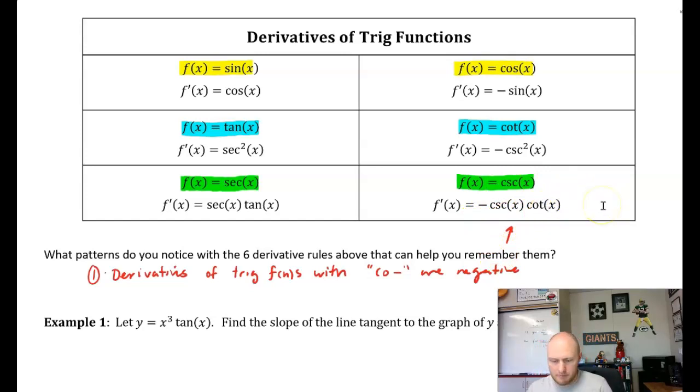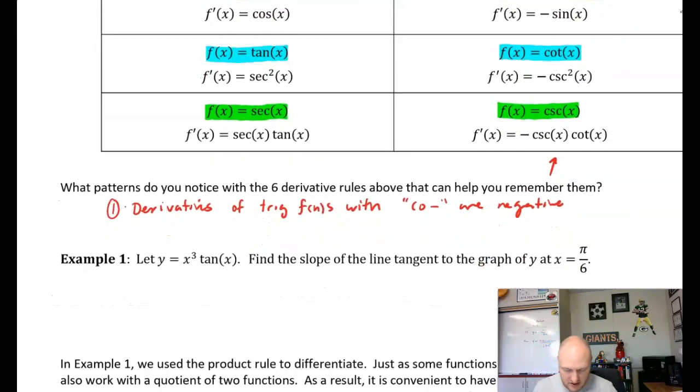So you should have noticed that, and I'll spell out number two for you.